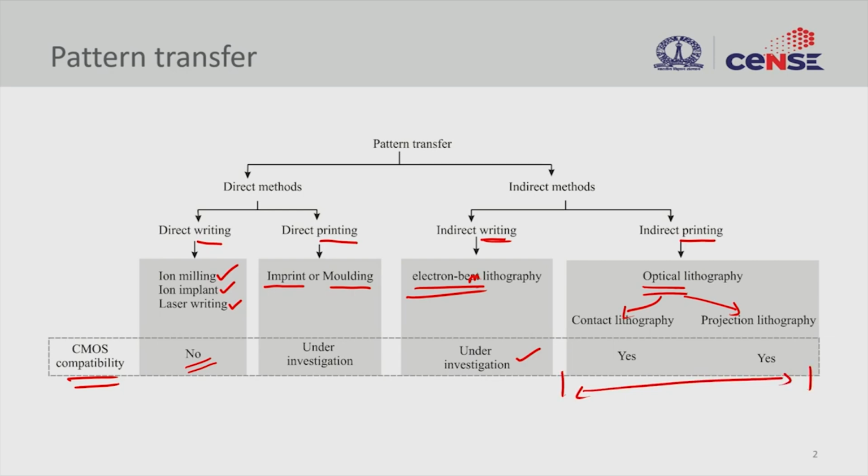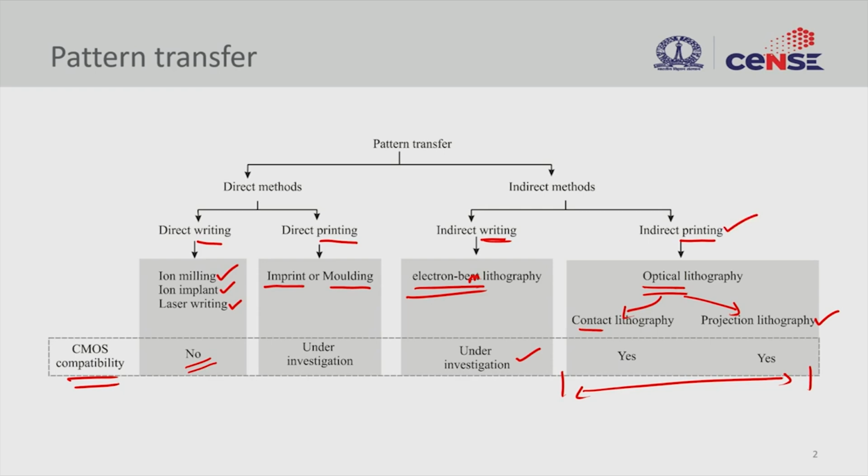So this is where the majority of patterning is done. To be precise, projection lithography is what is used predominantly, but lately for a lot of advanced integration techniques, back-end integration, contact lithography is also used. So overall, for large volume manufacturing, this indirect printing technique is primarily used.